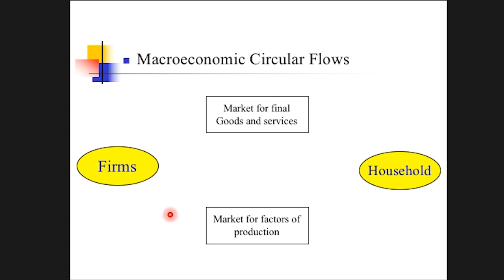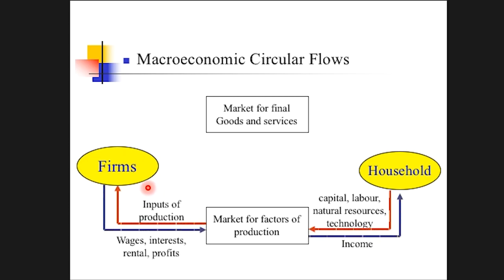Firstly, in order to produce goods and services, firms need to use inputs of production provided by households. When they use these inputs, they have to pay production cost to the households. Households receive this payment and it becomes income for households.